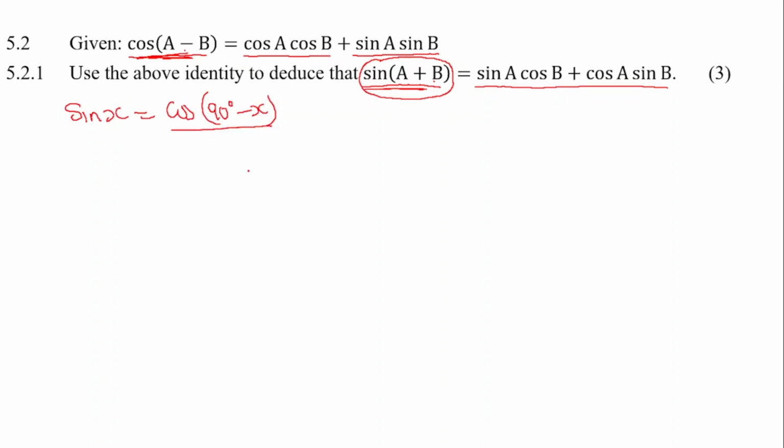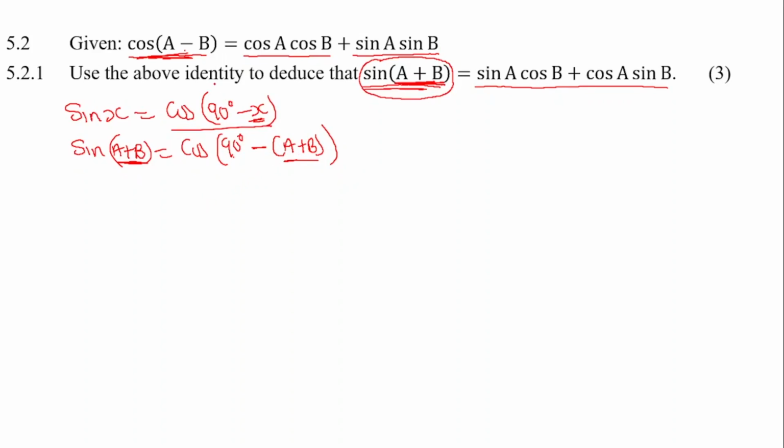Okay, using the co-functions. So now we are treating this a plus b as our angle, like as our x. Okay, so it means sine(a plus b) is just the same as cos(90 degrees minus (a plus b)), like that. Okay, you see, we're treating this like the x. So now we have cos(90 minus (a plus b)). Right, so what do we do next?